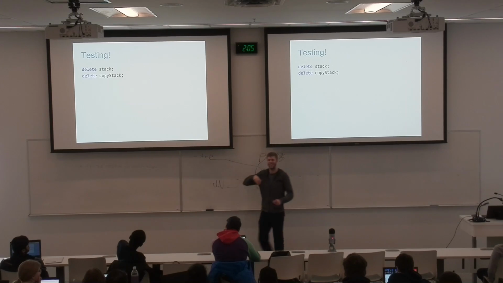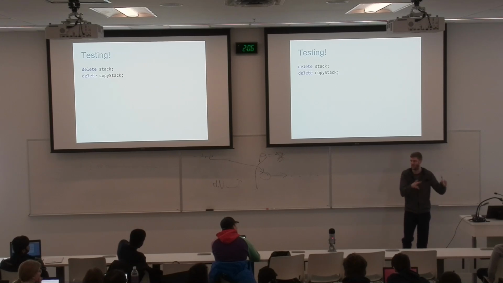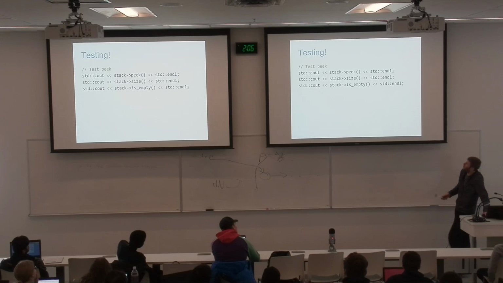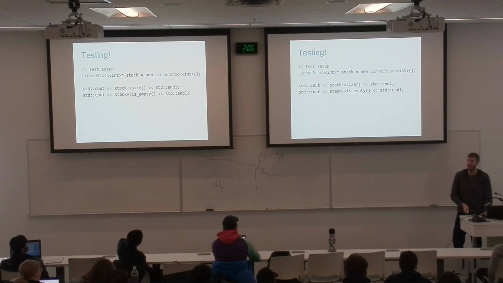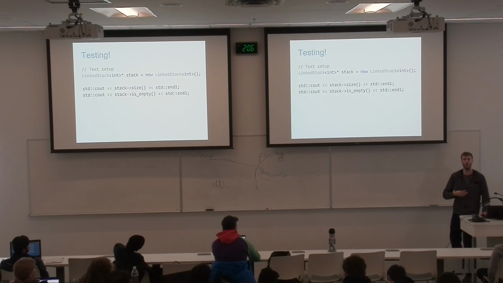The what, the push, pop, peek, all that, is what I can do with it, and that's independent from the how. So in all of this code, it doesn't matter if it's a linked stack or an array stack. The actual using of the stack as a stack is the same. All right, we'll end there.